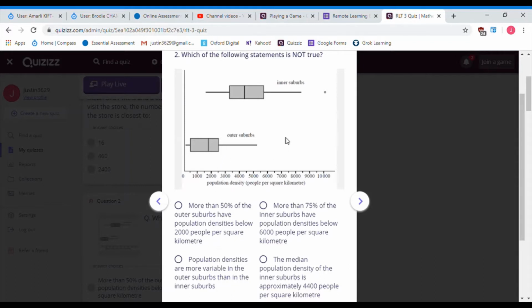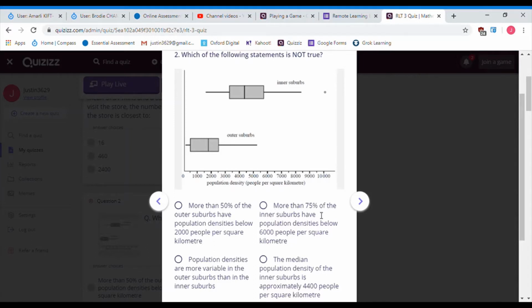So let's look at our outer suburbs box plot and see where 2,000 lies. 2,000 is just above our median line. Now we know on either side of the median is 50% of the data. So if 2,000 is about here, then we can probably say that more than 50% of the data lies below this 2,000 mark. So this statement is true.